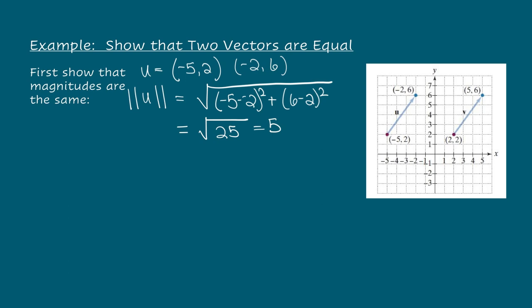Then we're going to calculate the magnitude of v again. We used the coordinates for v being 2, 2 and 5, 6.